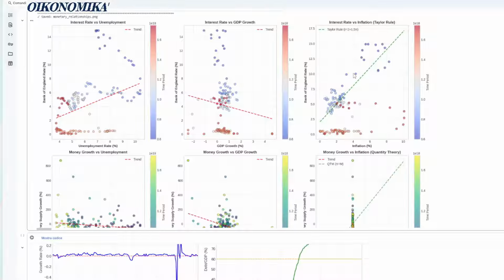So you see how the scatter plot finds the line is very steep. There is a very direct relation between how the Bank of England sets interest rates and where inflation is at that moment in time.